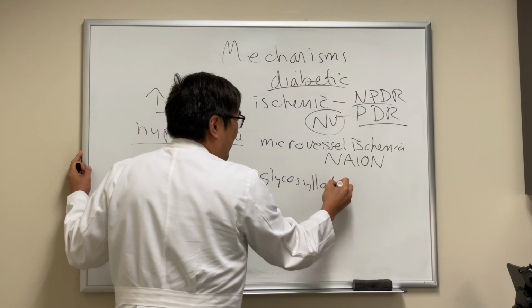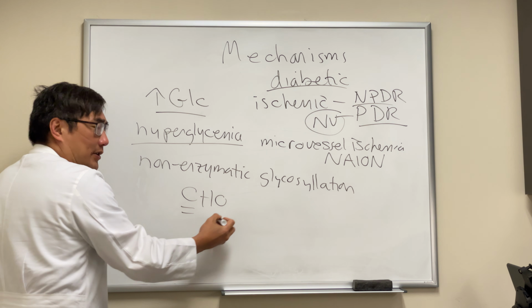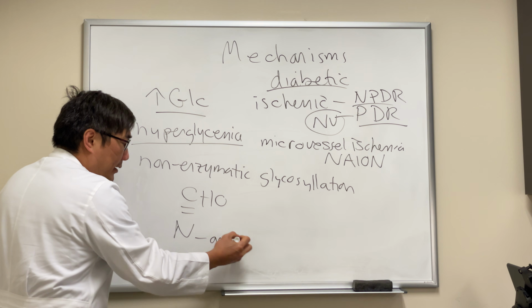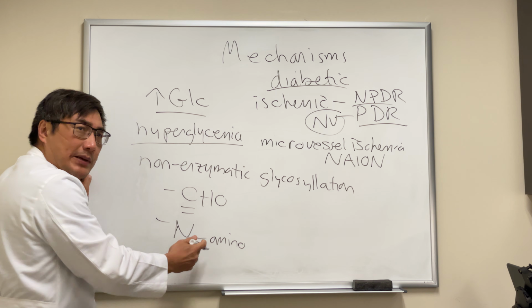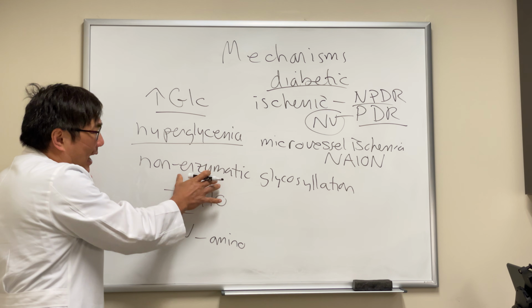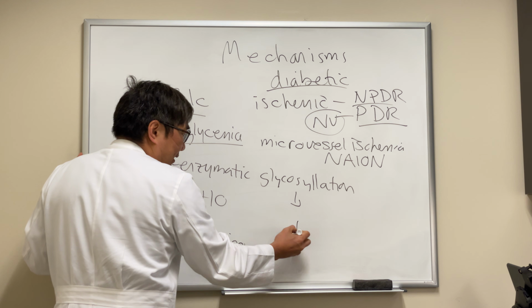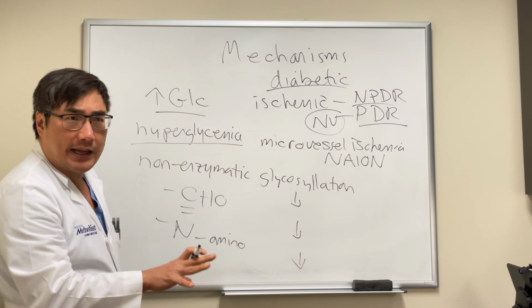And basically all that means is the carbohydrate, the sugar, is going to connect to the protein, the amino acids. And it's not really important that you know which amino acids, but when you have non-enzymatic glycosylation, it's going to go through a series of biochemical reactions that are going to lead to advanced glycation end products.